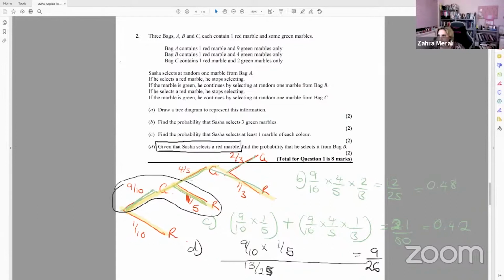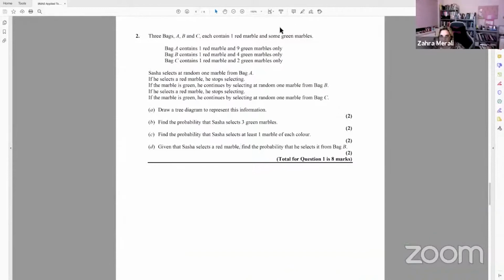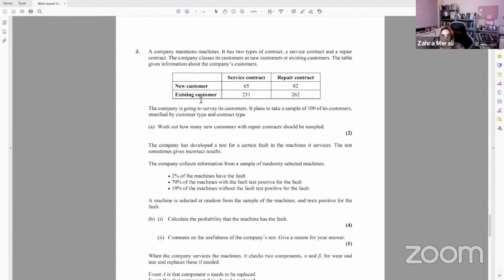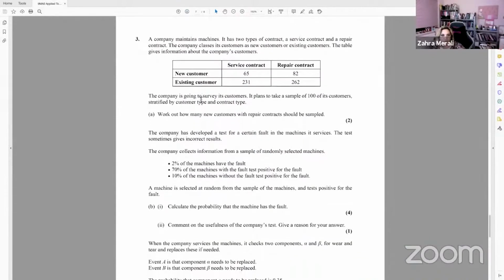Right, question 3. A company maintains machines. It has 2 types of contracts. It plans to sample 100 of its customers using stratified sampling. So that's just using the same proportions as what's there.